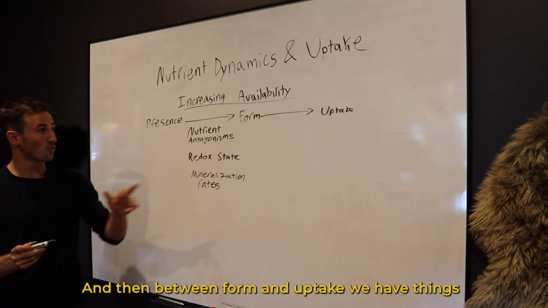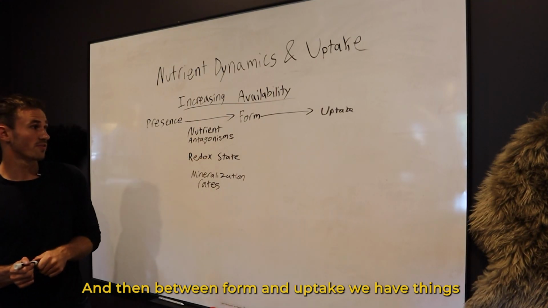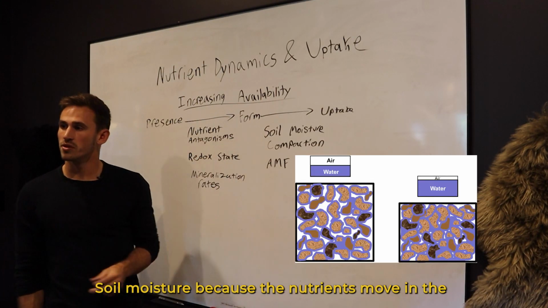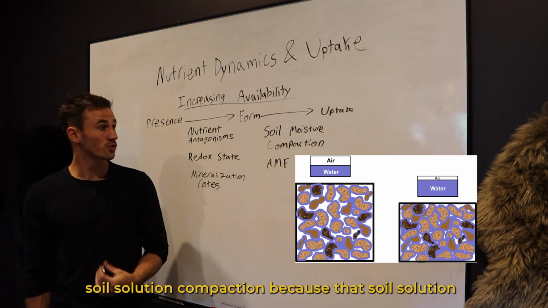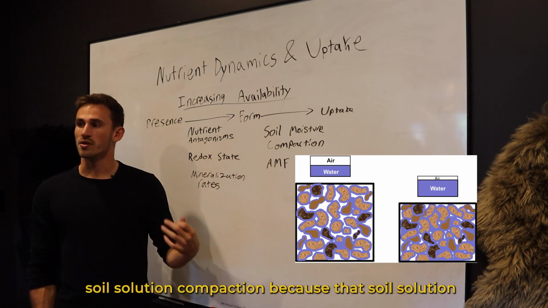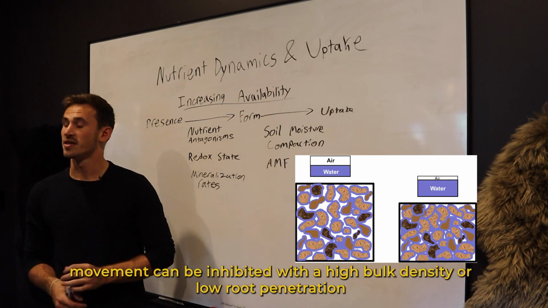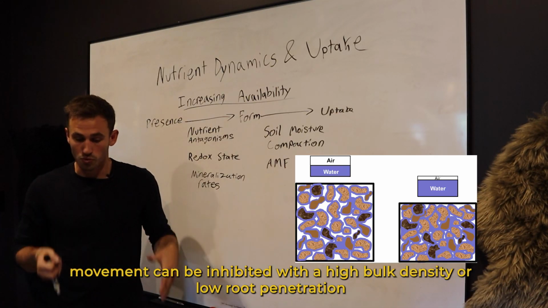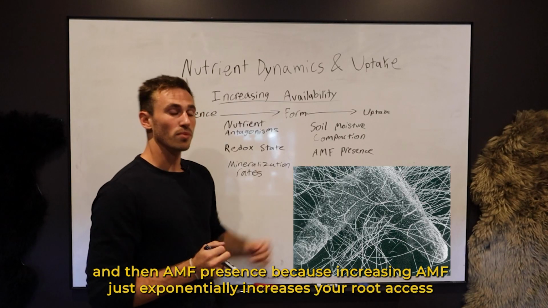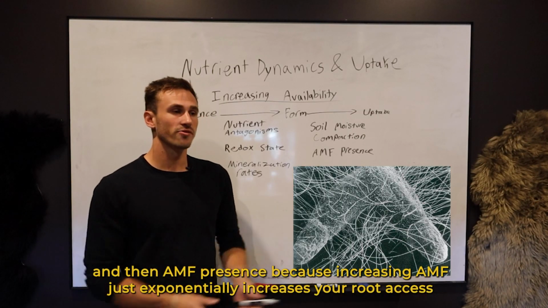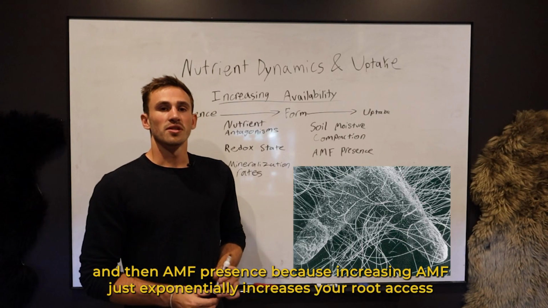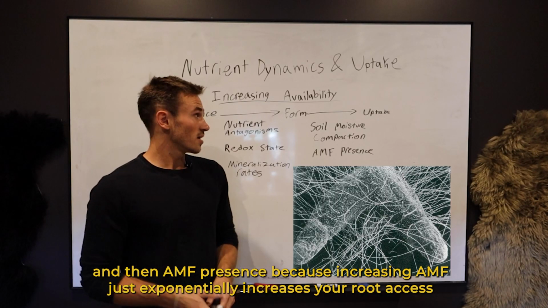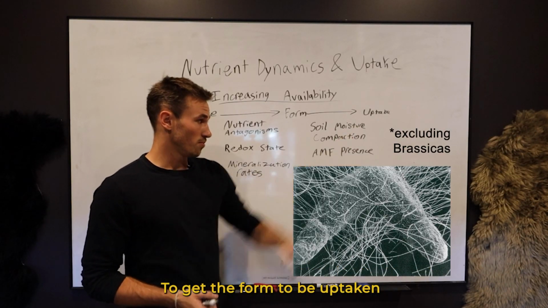And then between form and uptake, we have things like soil moisture, because the nutrients move in the soil solution, compaction, because that soil solution movement can be inhibited with a high bulk density or low root penetration, and then AMF presence, because increasing AMF just exponentially increases your root access to get the form to be uptaken.